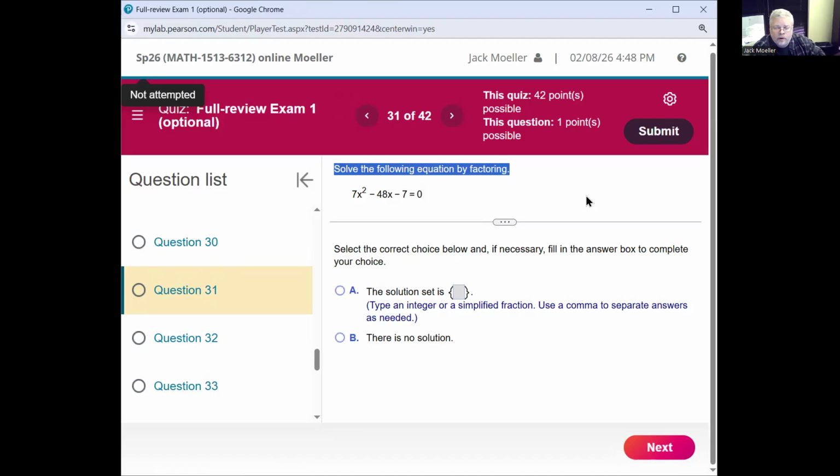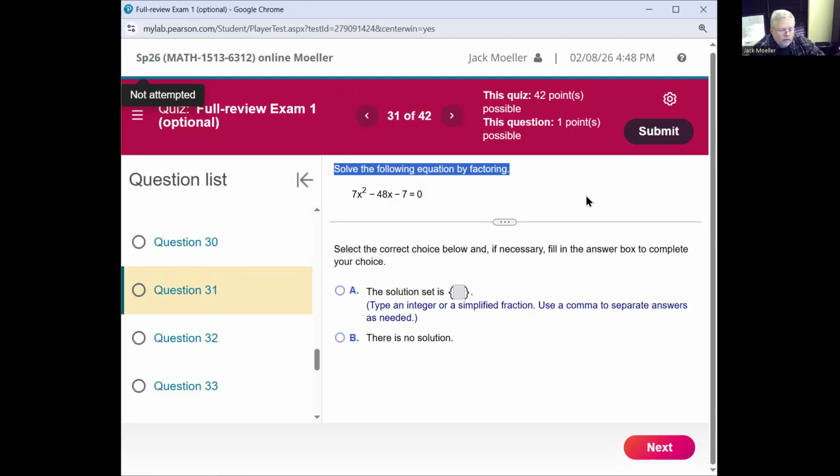And so this is one where on the test, when you get to these quadratic equations, take a few moments to see if you can factor it or if you can do the square root property. If you can, that's going to save you probably some time because the quadratic formula, even though it is a straightforward application, has a lot of steps, so it can take a little bit of time.